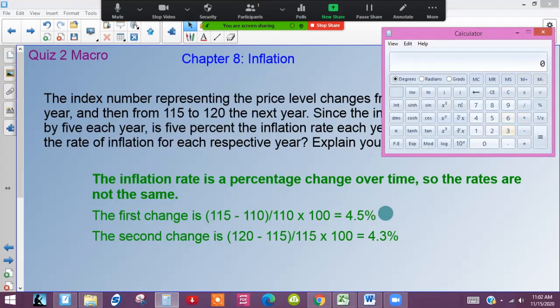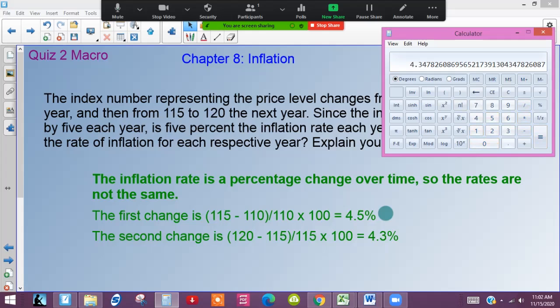So let's just do it. 5 divided by 115 is 0.0434, and so on. So then we're going to multiply by 100 to get it expressed as a percentage, and we get 4.34. So I just rounded it down to 4.3%. So there you go. So that's that.